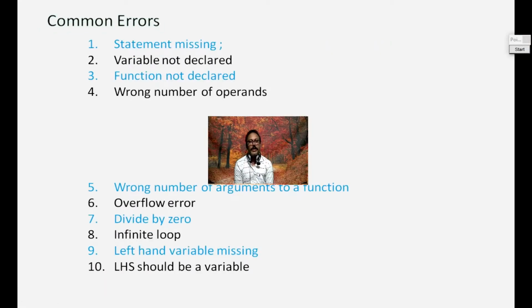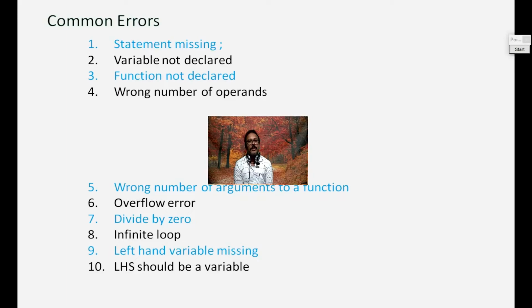The common errors, you can see: statement missing semicolon. These are the common errors. They are not the only errors. You may make thousands of errors. Different kinds of errors will be there, but these are some common errors whenever you are writing small programs. Statement missing semicolon, you forget to declare the variable. Also, we'll discuss functions.